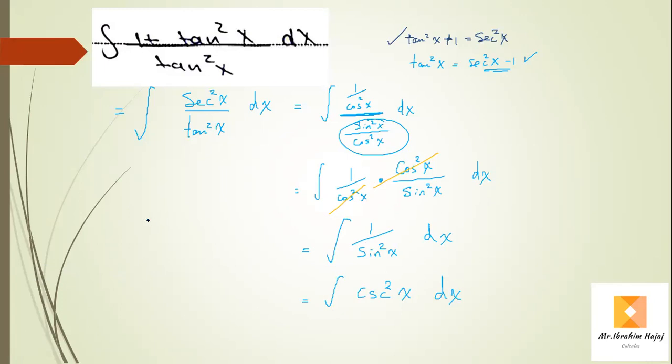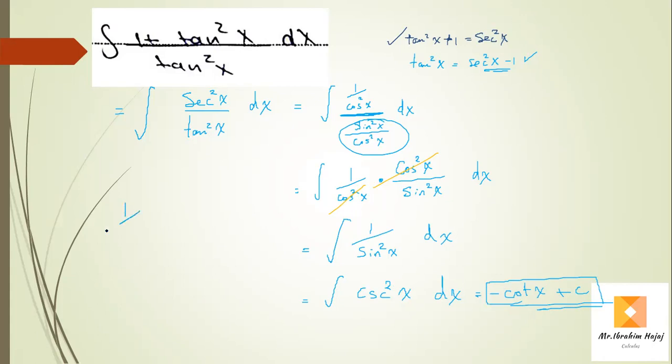The final answer is negative cotangent x plus c, because the derivative of cotangent is negative cosecant squared. So the integral of cosecant squared is negative cotangent x.